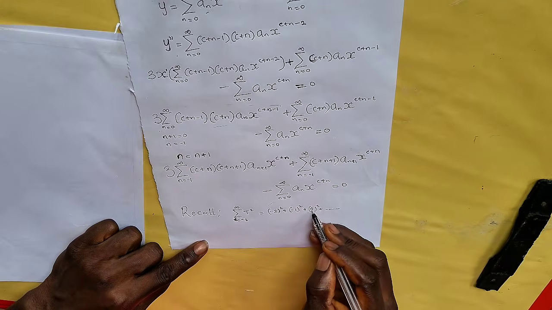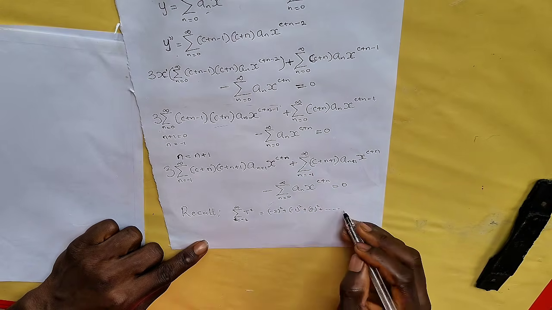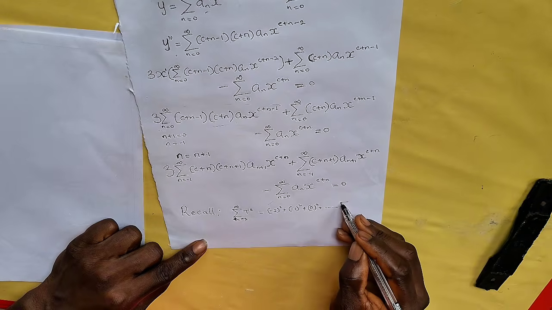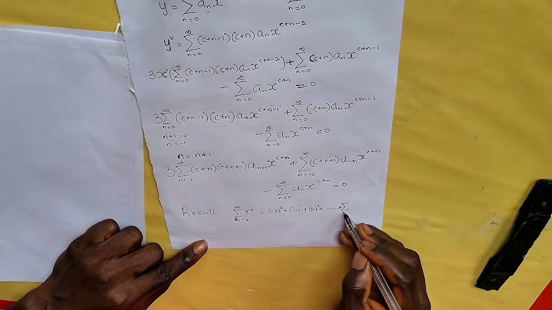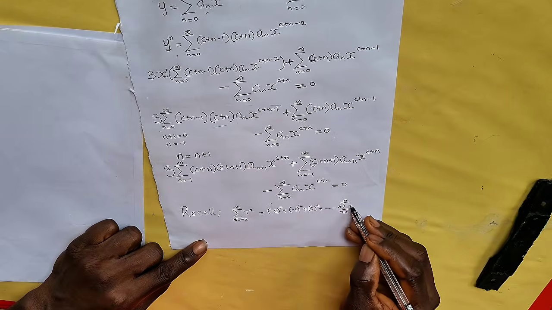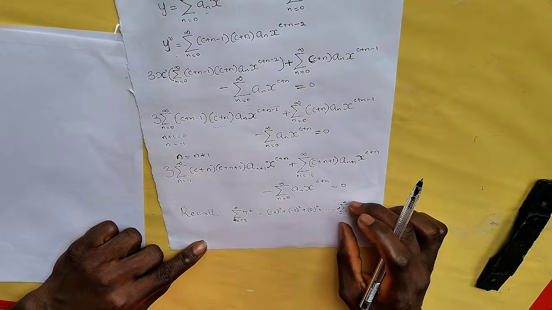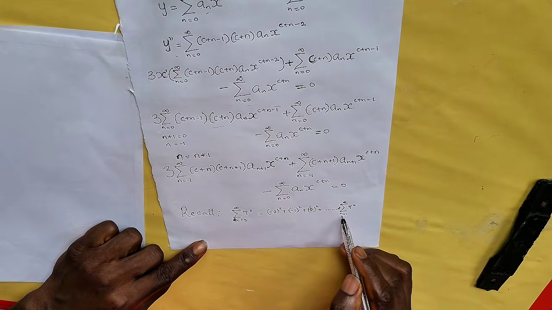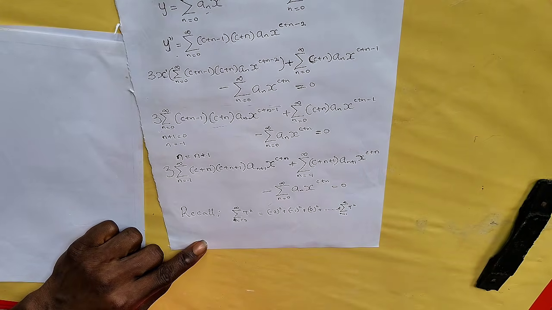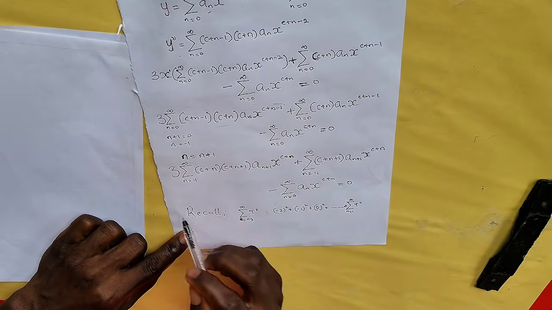So let me say I want to stop when t is 1 here. Then I'm going to say plus summation of when n is equal to 1 to infinity, then t squared. Because this has also represented when n is from 1 and above. So the same principle that I use here is what we are going to use here.